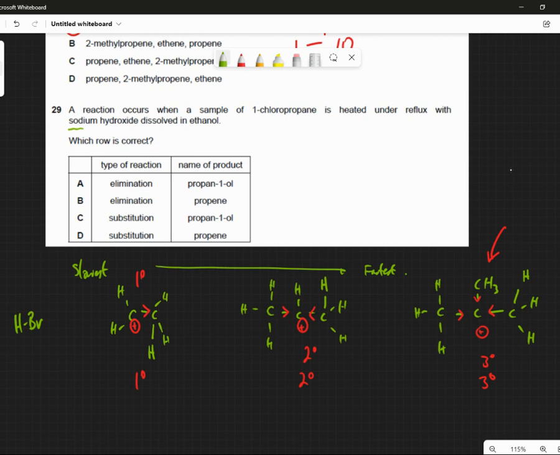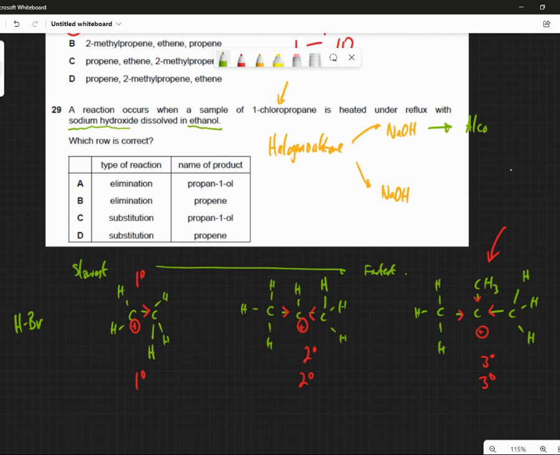In our course, we start off with a halogenoalkane, which is what this is, and we react it with sodium hydroxide.